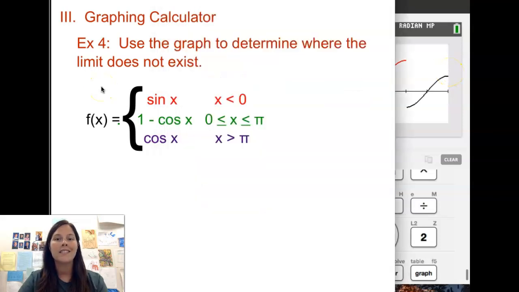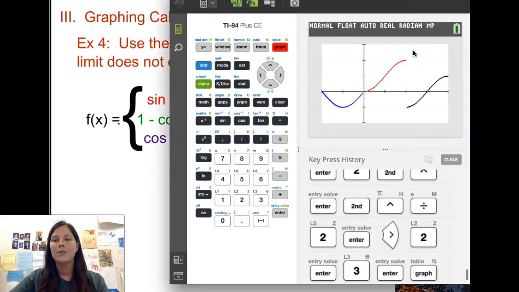The question for this example was, look at the graph to determine where the limit does not exist. So let's see what's happening at the breaks in our functions. We know sine is a continuous function, so is 1 minus cosine, so is cosine. So as we're approaching those breaks here, the limit as x approaches 0 from the left and the limit as x approaches 0 from the right are both converging on the same y value.